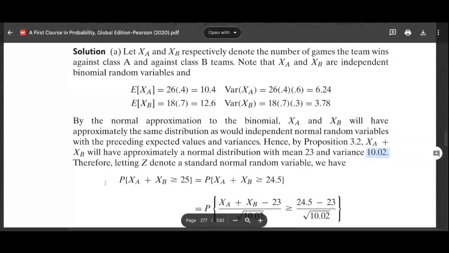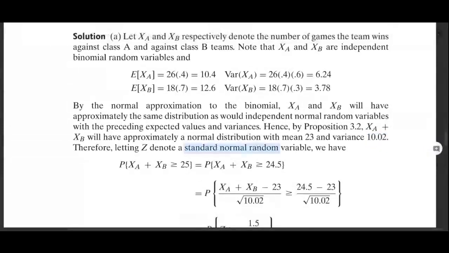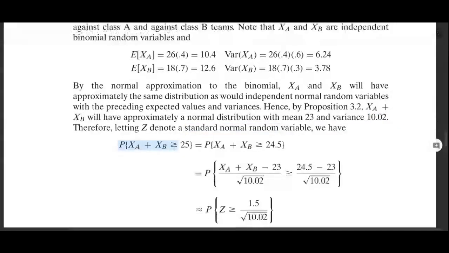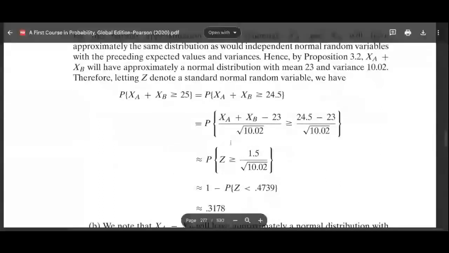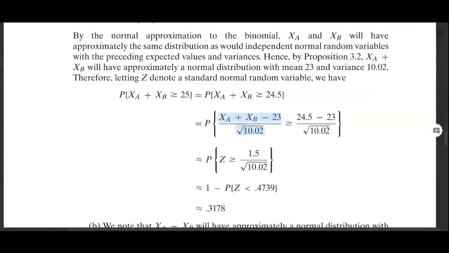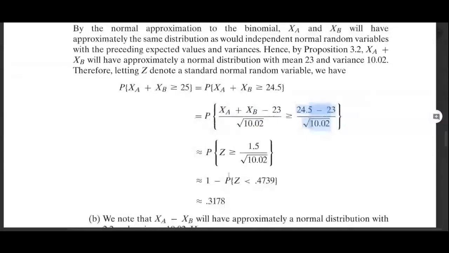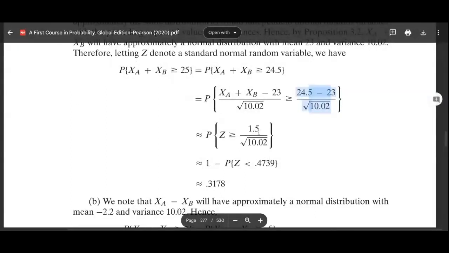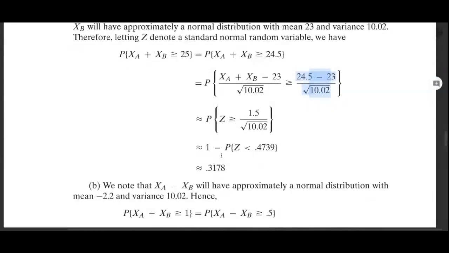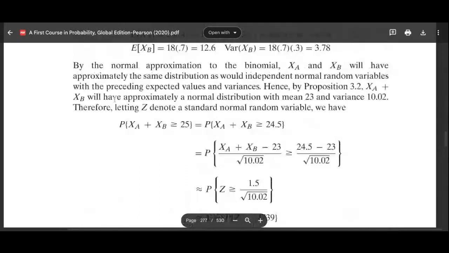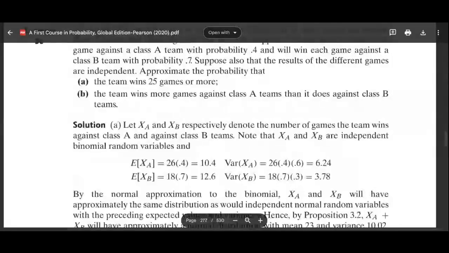Therefore, if Z denotes a standard normal random variable, we change to a z-score, which is the same as a z-score greater than 1.2 divided by this, the same as 1 minus the probability of a z-score less than this. So go to the standard normal table. Probably you will have homework like this, or you could choose homework like this to do.